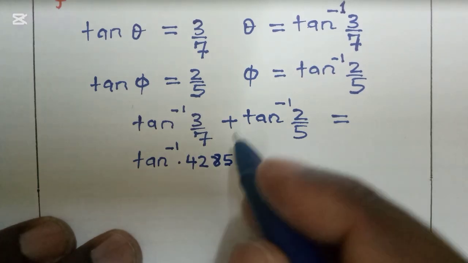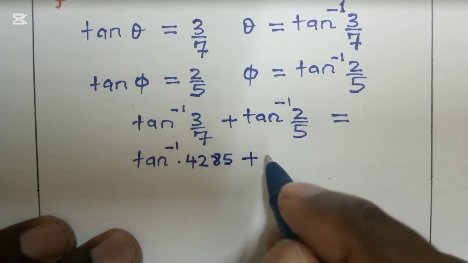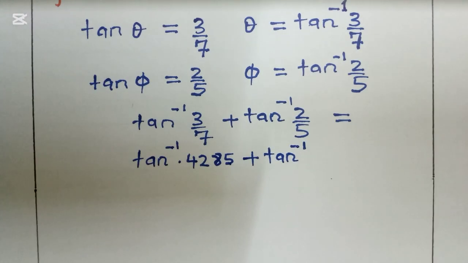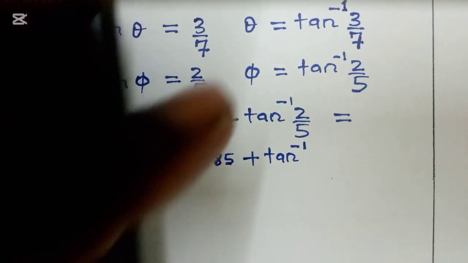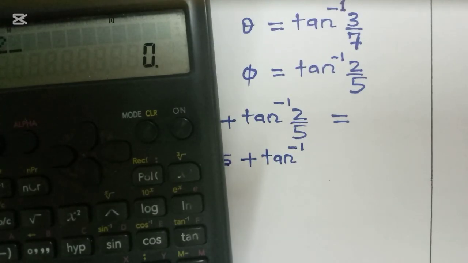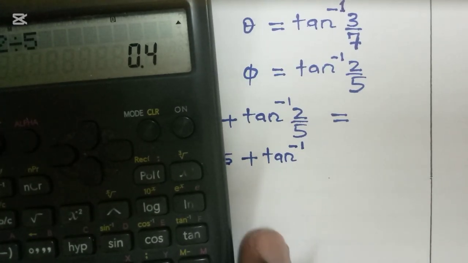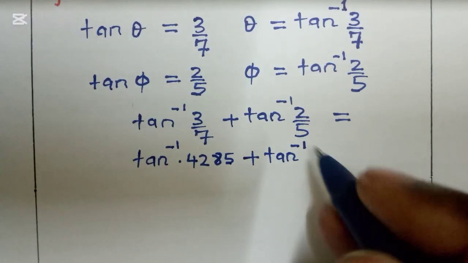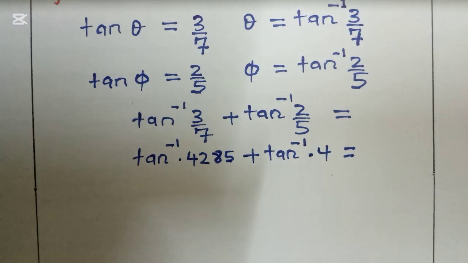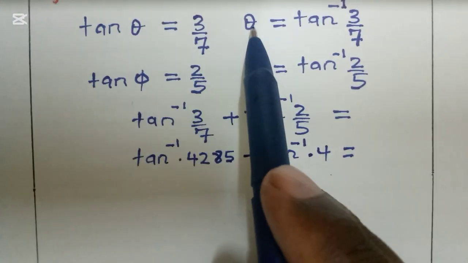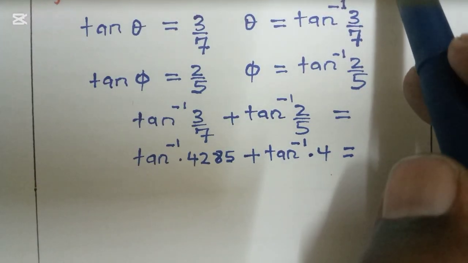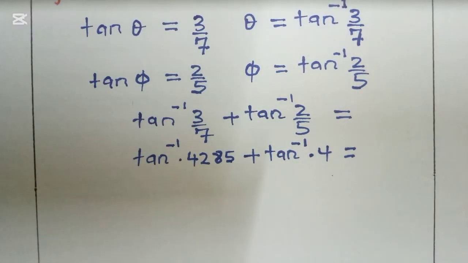Then plus tan inverse of 2 over 5, and 2 divided by 5 gives us 0.4. By looking for these, we shall be able to find our theta and our phi, which will give us pi over 4, if we are correct.